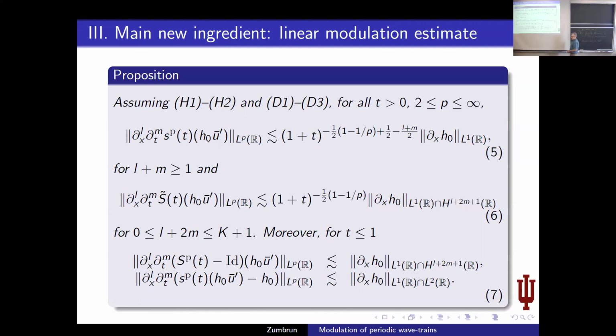We're not doing that here. So we're going to do something like that, but a little more careful. To do that, we just have to know that SP doesn't change things too much, in the sense that again we can pass the derivative onto H naught. That's all we need, and then bound it by just 1, like a Gronwall inequality, but where the derivatives do pass in. And here, okay, the two are the same.